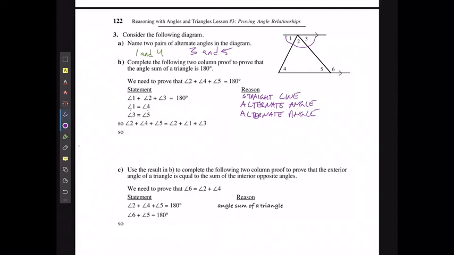And then all I've done is, in this equation, where I originally had the 1, 2, and 3, I replaced the 1 with 4 and the 3 with 5. And why could I do that? I used substitution.